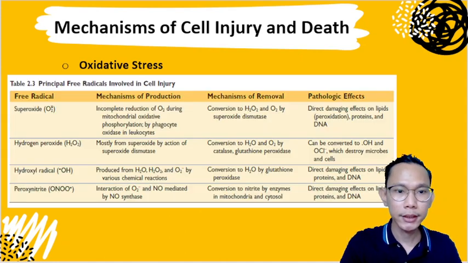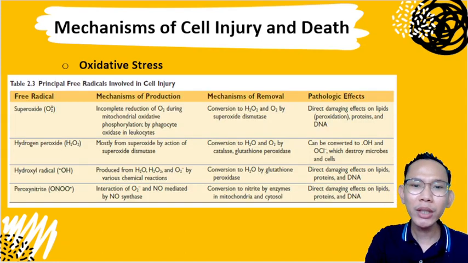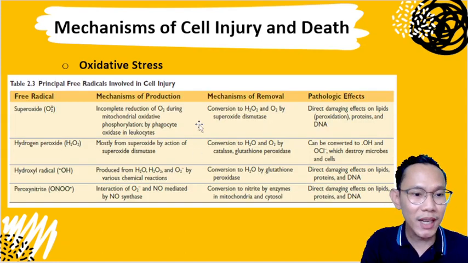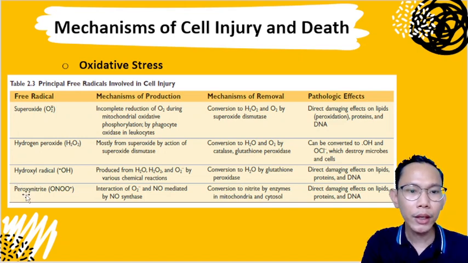Very good. So, this is the summary of what we discussed. Tingnan lang natin ha, yung different natin na free radicals such as your superoxide, hydrogen peroxide, your hydroxyl, your peroxynitrite. So, these are their mechanisms of production as well as ways of removal and their pathologic effects. So, I don't want you to memorize this mechanism.